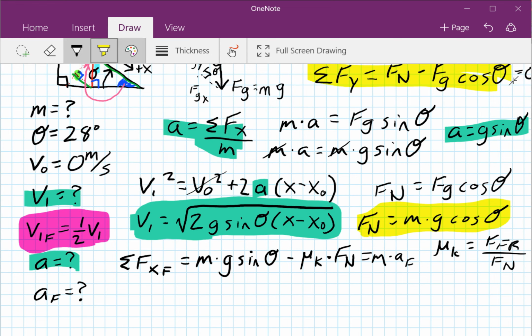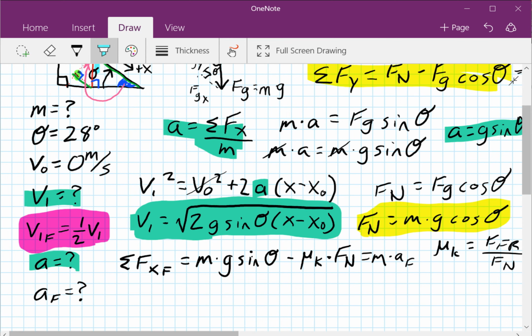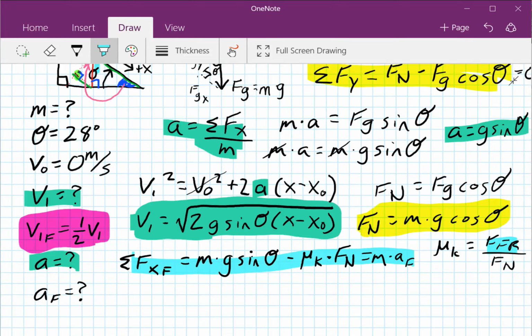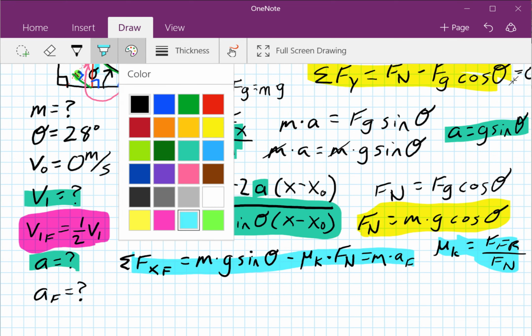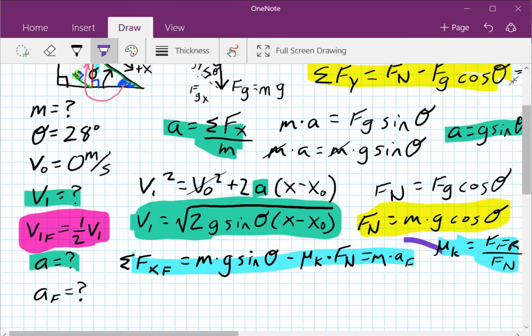So this equation, I guess we'll do this teal color, it tends to turn out nice. This equation is dealing with friction. This equation was necessary in order to get this part.